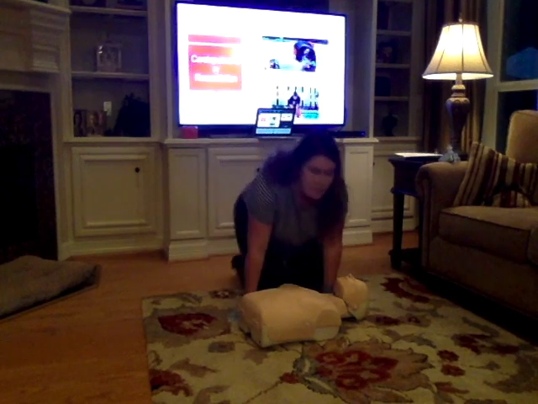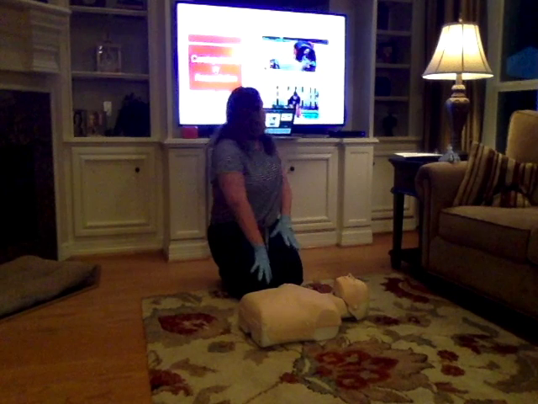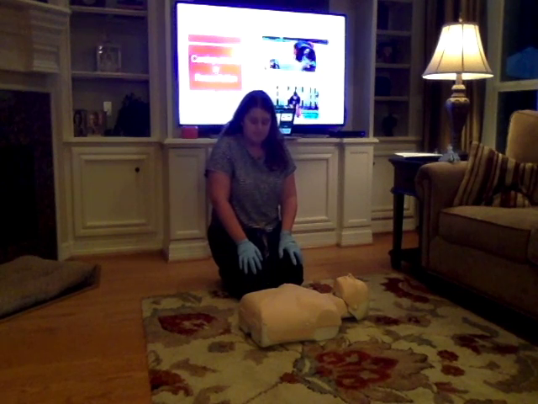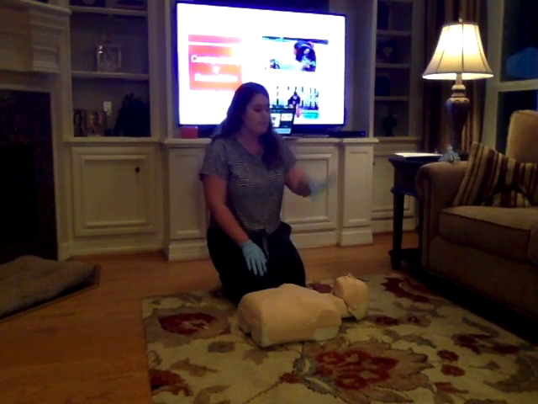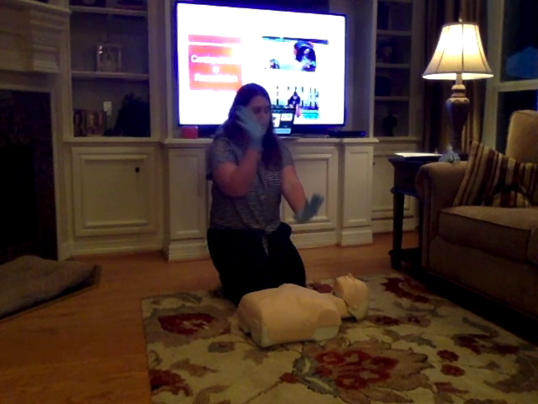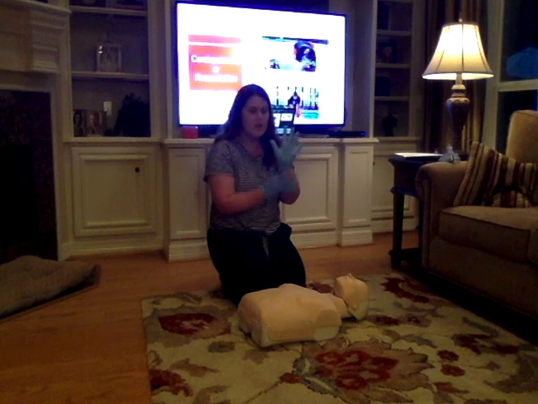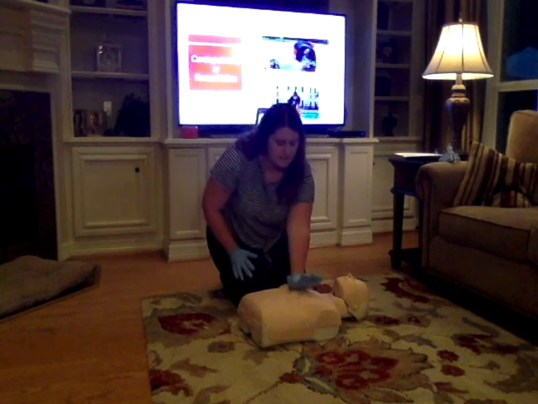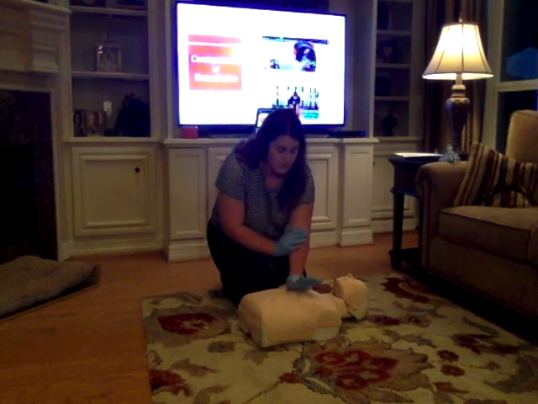So the next step in cardiac arrest is to give 30 chest compressions. For these chest compressions, you want to be sure that I use my non-dominant hand, my bottom hand, and my dominant hand is the top hand. I keep my non-dominant hand, the bottom hand, flat, and make sure that I put the heel in the center of the victim's chest in between the nipples, on the nipple line.